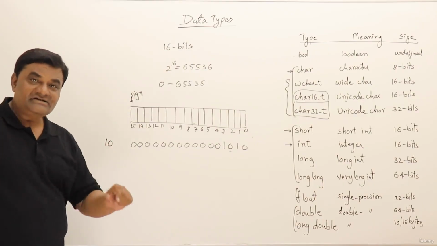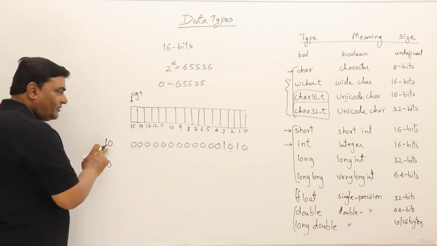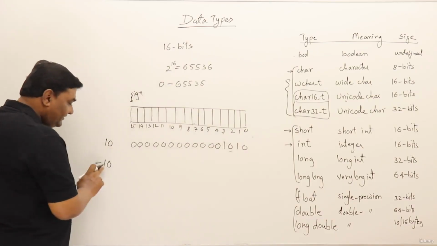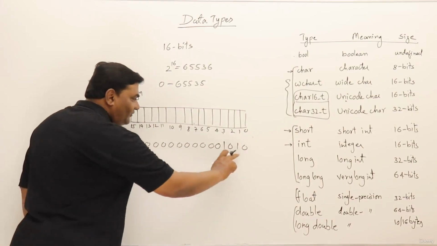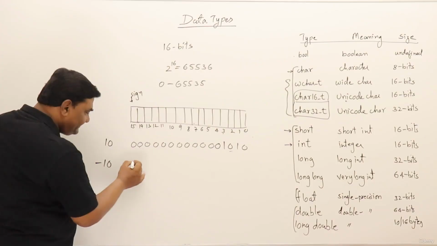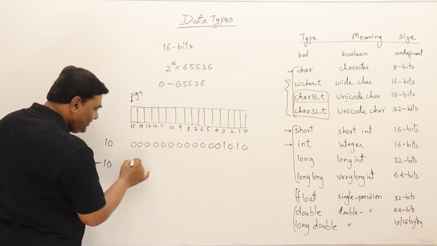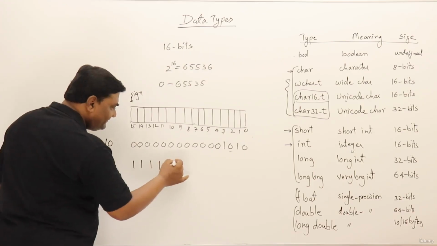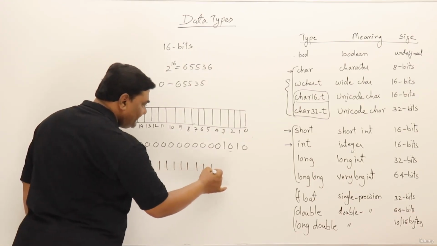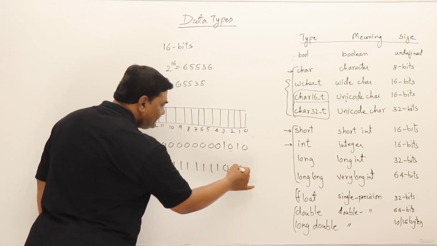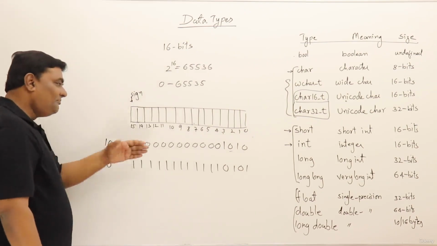If minus 10 has to be stored, for positive 10 this is the binary form. For negative 10, first of all this binary form is complemented. So it means all those zeros will become 1 and ones will become 0. So this is 1111111111110101. So this is complemented form.